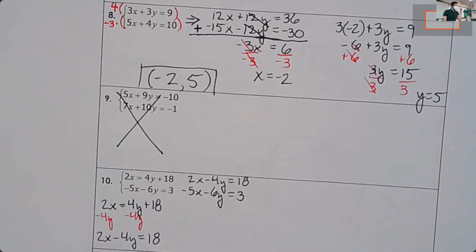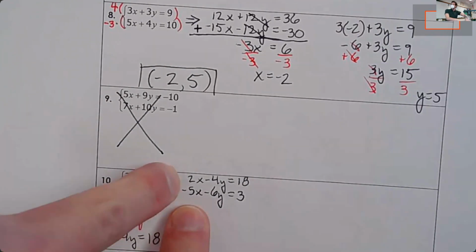Do we want to get the numbers in front of x the same, or do we want to get the numbers in front of y the same? Because we're going to have to multiply both equations, and it doesn't really make it more difficult one way or the other. So which one do we want to get the same, x's or y's? X. All right.